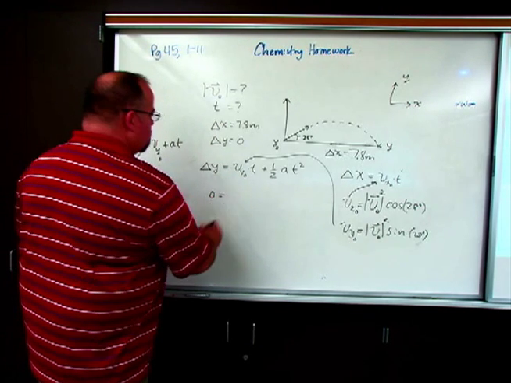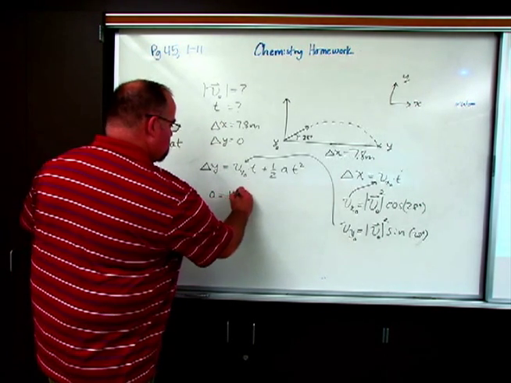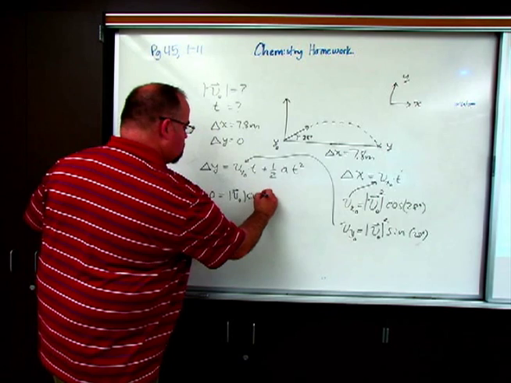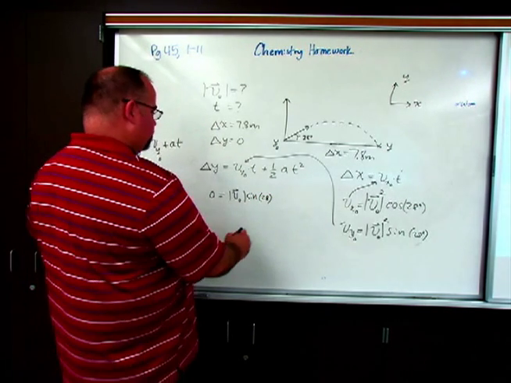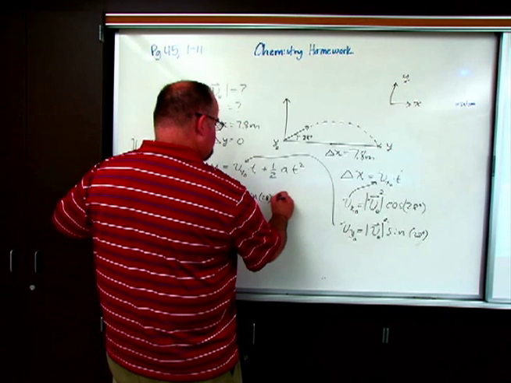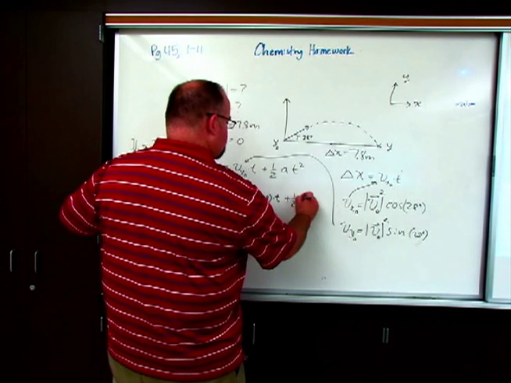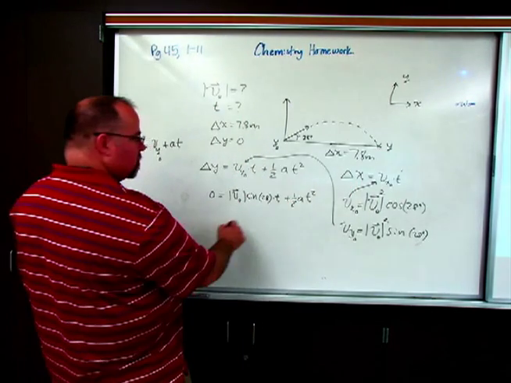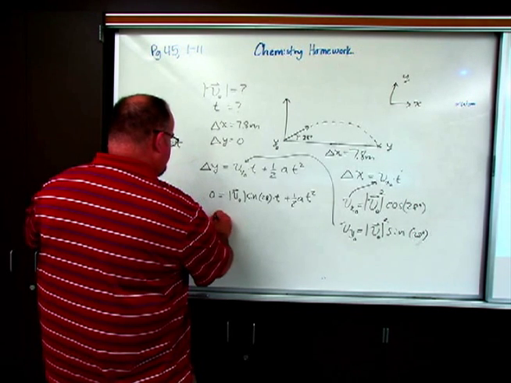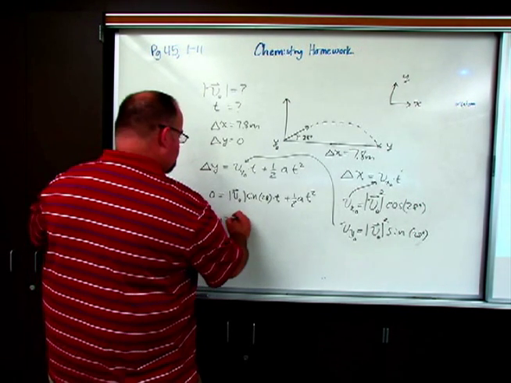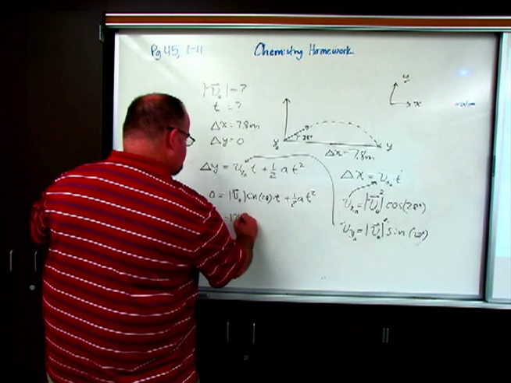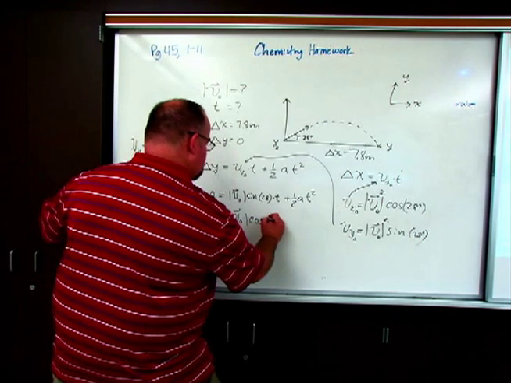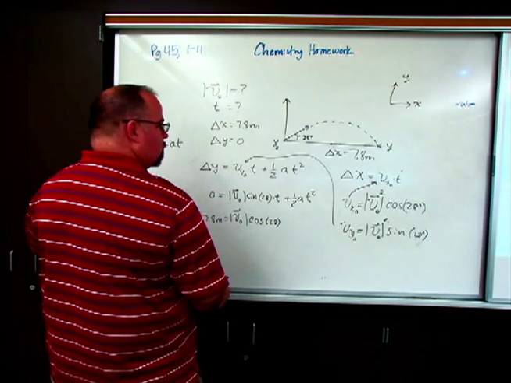Delta y equals 0 times t plus 1/2 a t squared, and then this equation would be 7.8 meters equals v sub 0 cosine of 28 degrees times time.